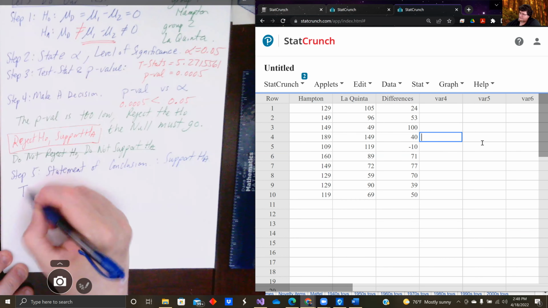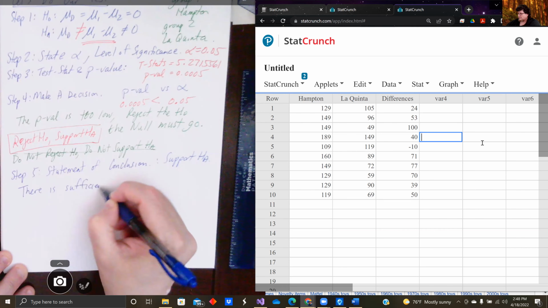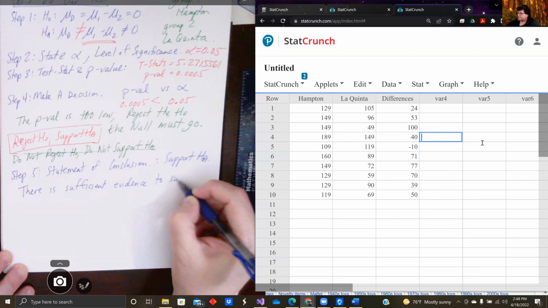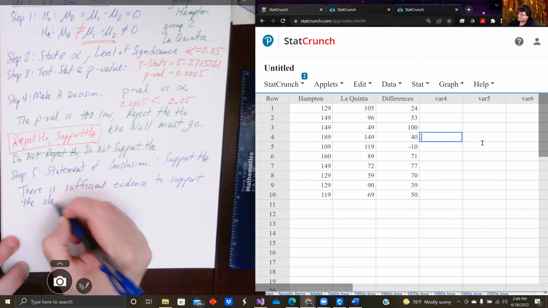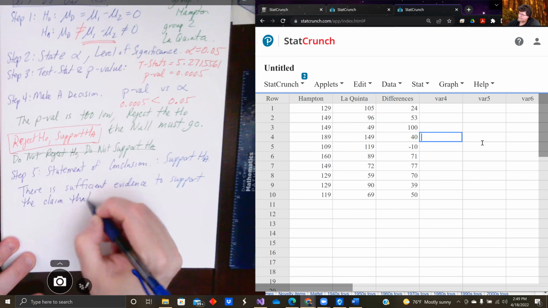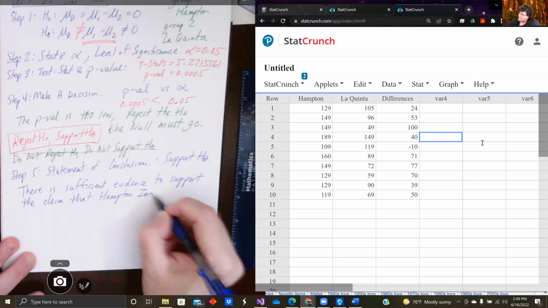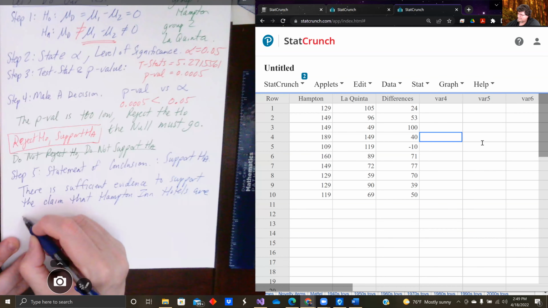So there is sufficient evidence to support the claim that Hampton Inn hotels are priced differently than La Quinta.